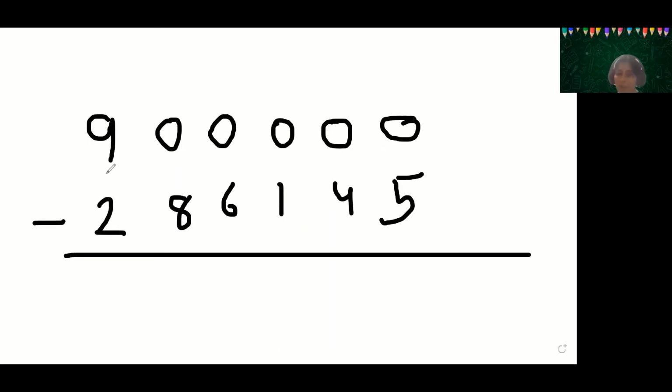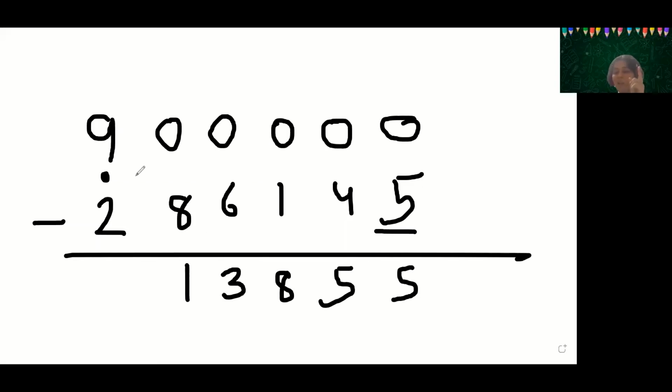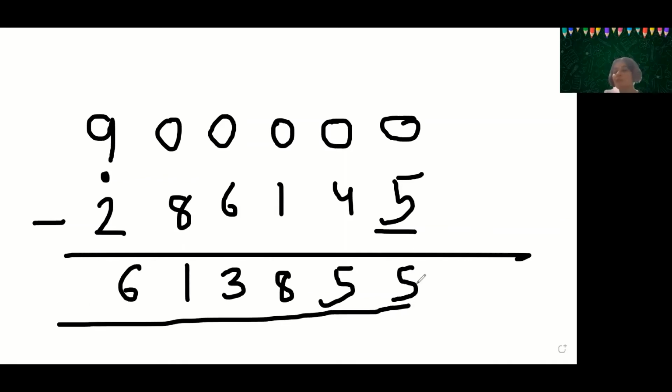Anyhow, we have to put the dot below the number. What is the last number? 5. So all from 9, last from 10. Friend of 5 is 5. Friend of 4 is 5. 1, 8, 6, 3, 8, 1. 9 with 1 dot less is 8. 8 minus 2 is 6. I hope it is clear, everyone. Vedant, is it clear? Okay.